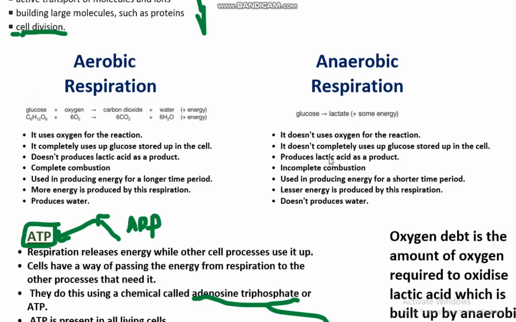Aerobic respiration is where we use our glucose completely, and it's a normal reaction taking place in our body. We use the oxygen we breathe in, we inhale, and glucose is oxidized by using oxygen.